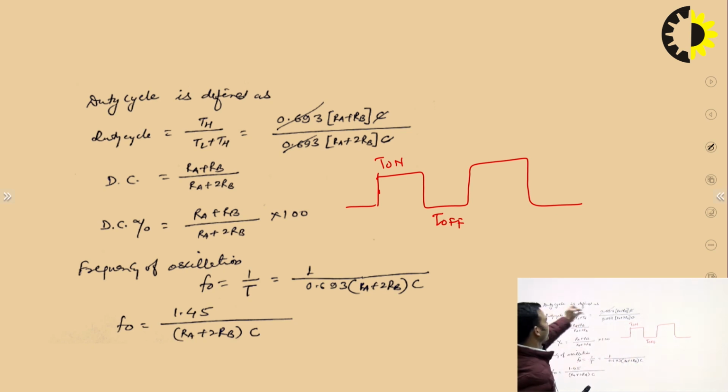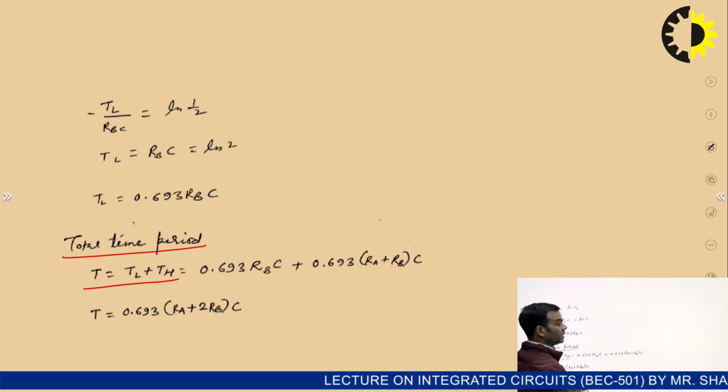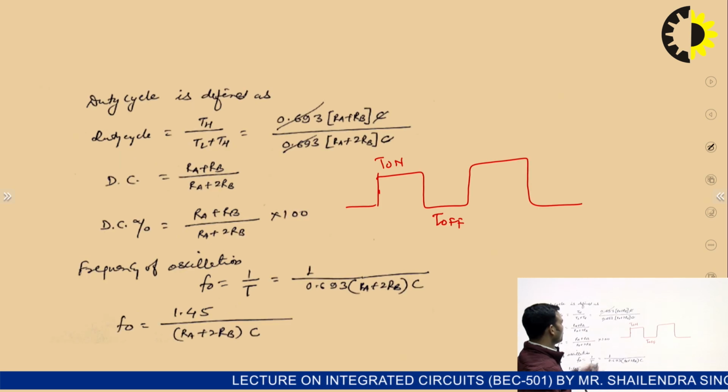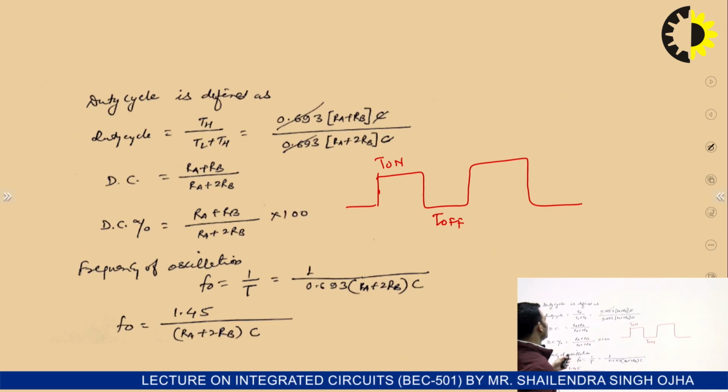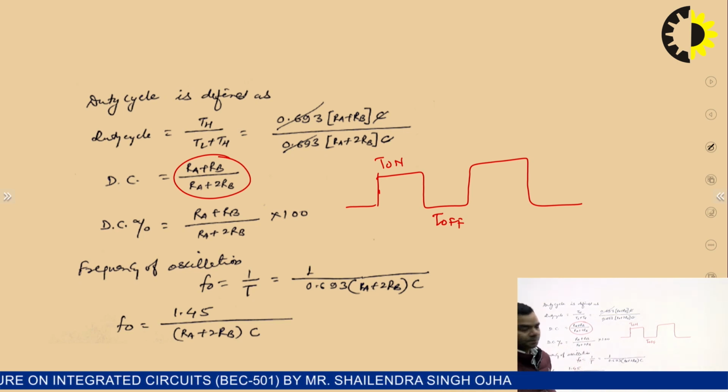So TH we have calculated as 0.693 into (RA plus RB) into C upon TL plus TH. That means total time was equal to 0.693 (RA plus 2 RB) into C. You can put these values here. So you will get duty cycle is equal to (RA plus RB) upon (RA plus 2 RB). And if you multiply it by 100, you will get duty cycle in percentage.